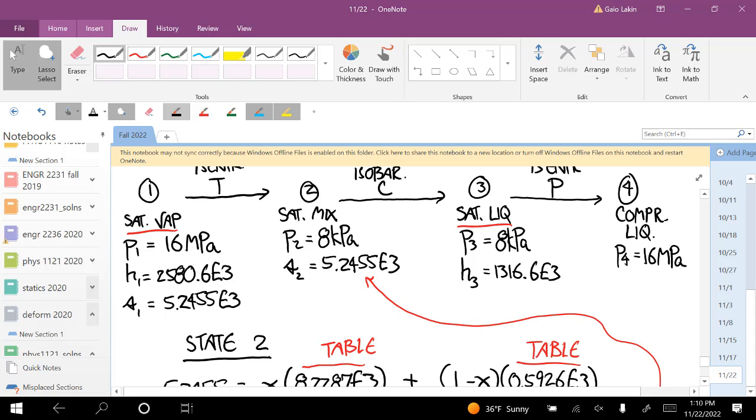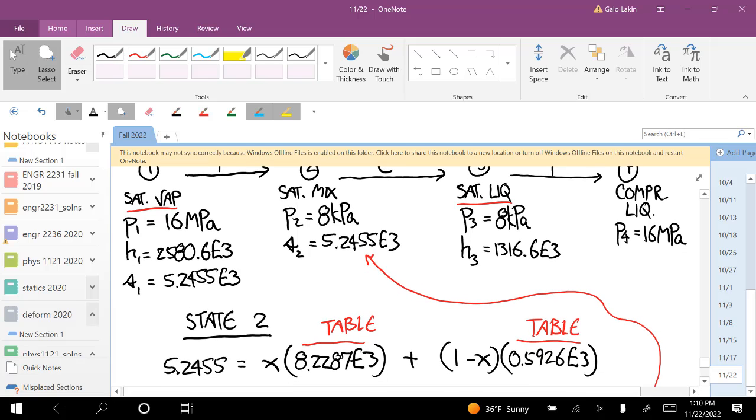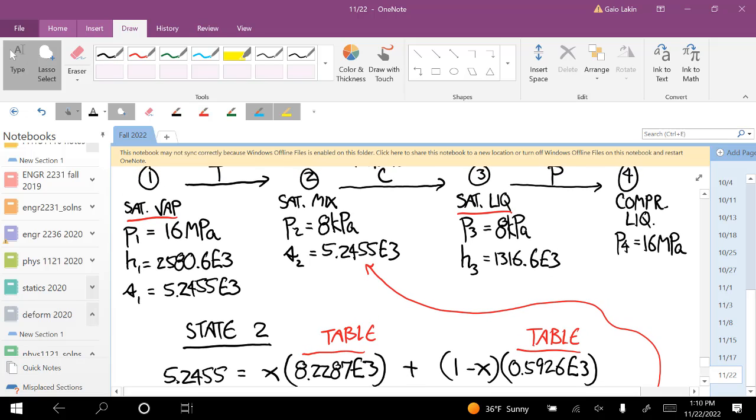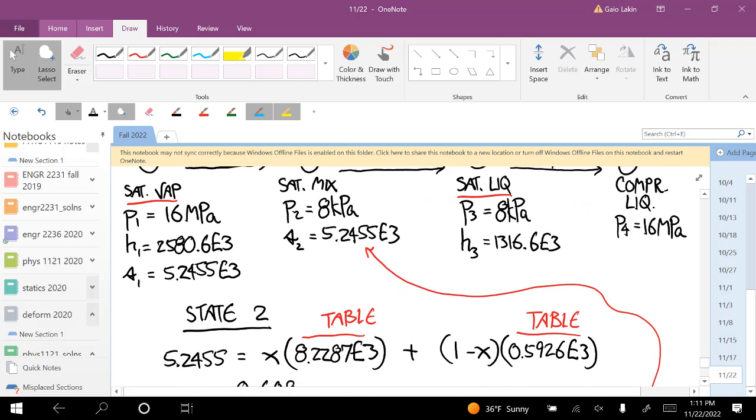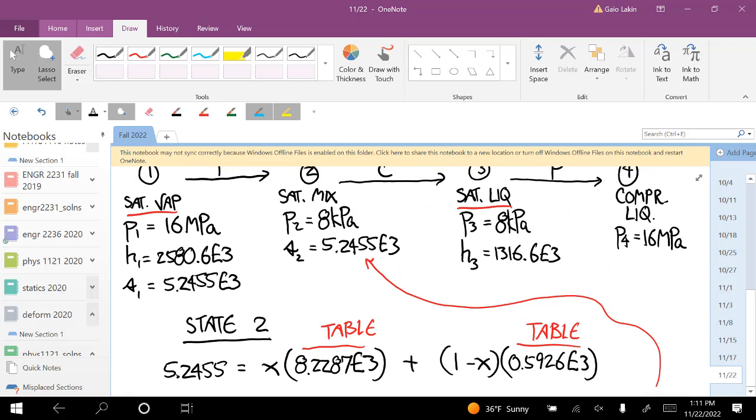Yeah, which I thought H3 was 173.88. Oh, yeah, you're still using 8 megapascals, aren't you? For that value? Yes. So what did you get for H3? H3, I had 173.88. 173.88. Okay.